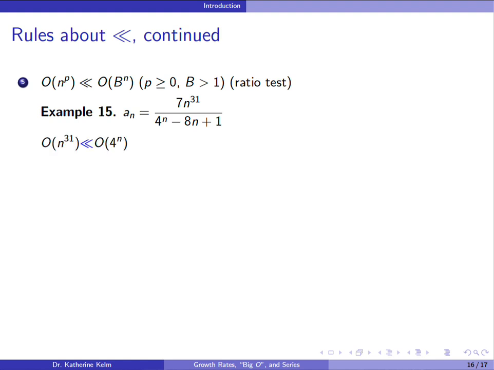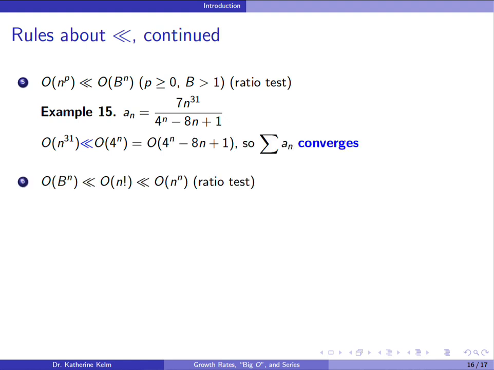Okay, so big O of n to the 31 is sufficiently less than big O of 4 to the n, because n to the 31 is a power function and 4 to the n is an exponential function. So the series converges.